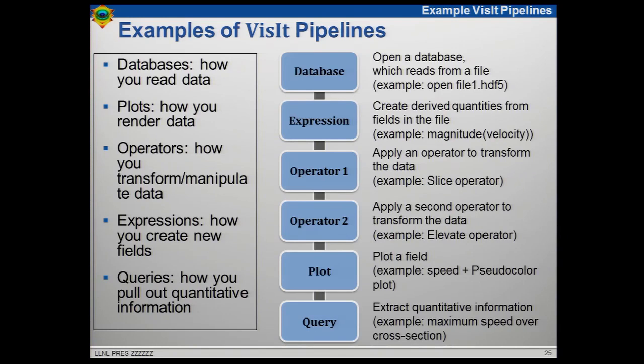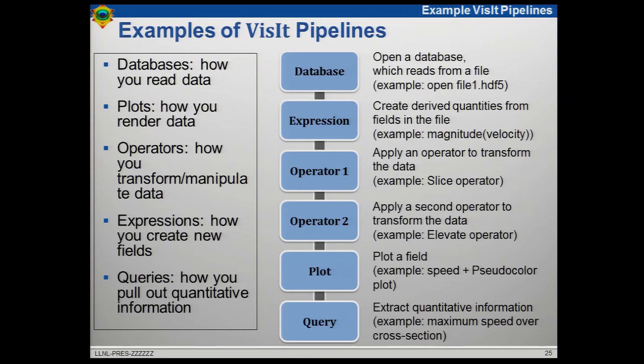There's a full, long pipeline, I want to say: a database, an expression, an operator, a plot, and a query. When we query data, there will be the option to query the original data, meaning the data at the very top of the pipeline, or to query data at an intermediate step of the pipeline.